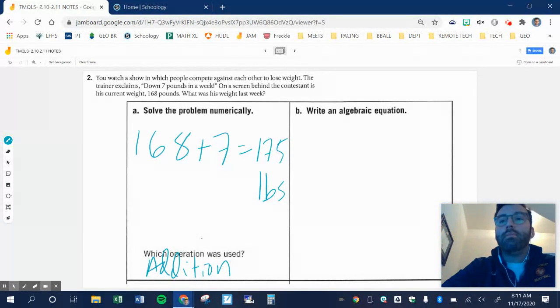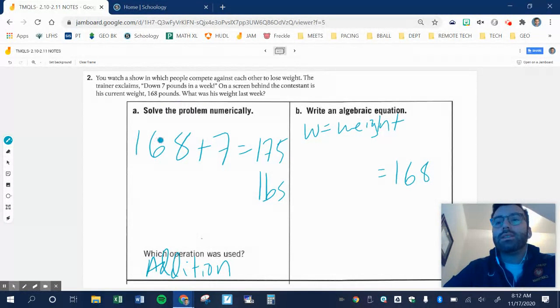All right, my ending number was 168. I'm going to let W equal weight. So what did I do to the 168 to get 175? I added 7. So that means I'm going to have my previous weight minus 7 give me 168.